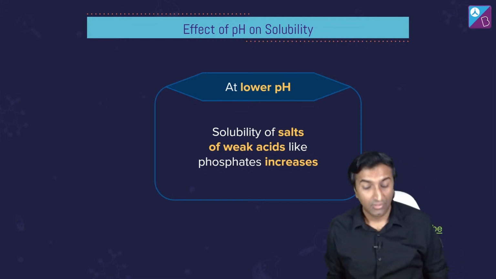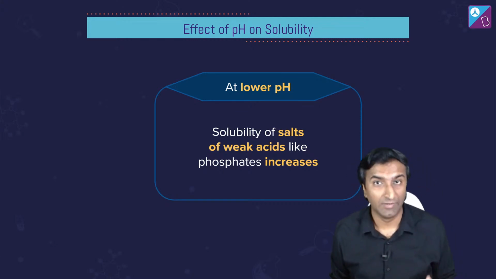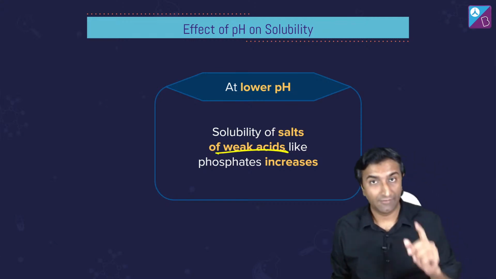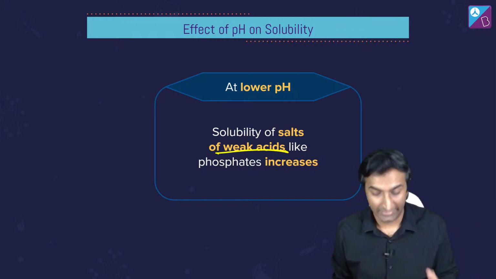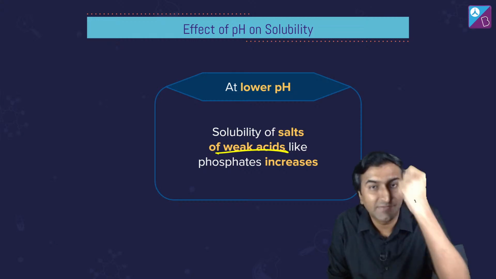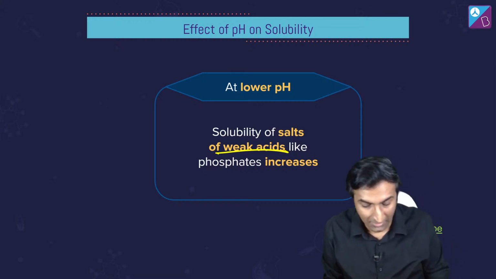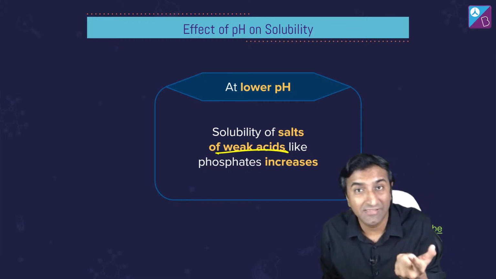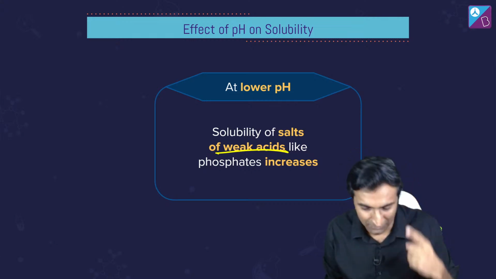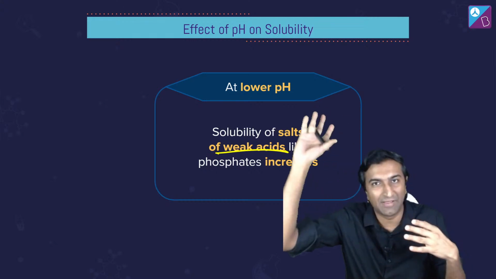Cool. Okay. So what is the effect of pH on solubility? This is from NCERT itself. The solubility of salts of weak acids, phosphates, anything else, will increase if I add some H plus ions to it. That means the solubility of a weak base will increase if I increase POH, that is, decrease pH. Not decrease pH, pH basically becomes very high.